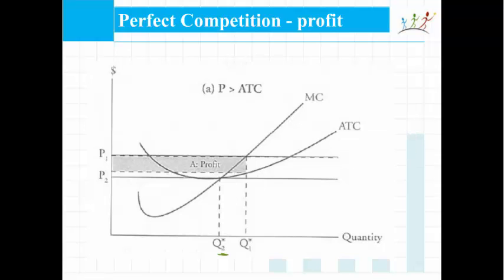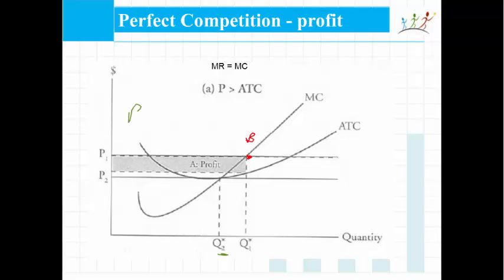Now, where will the entrepreneur stop production? Any entrepreneur will stop production where marginal revenue equals marginal cost. So in this case, he will stop production now at point B. At point B, let's see the total revenue that the firm has generated.